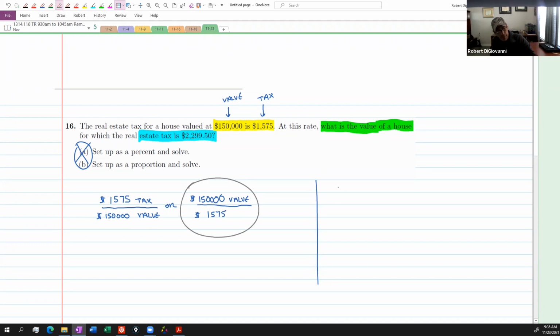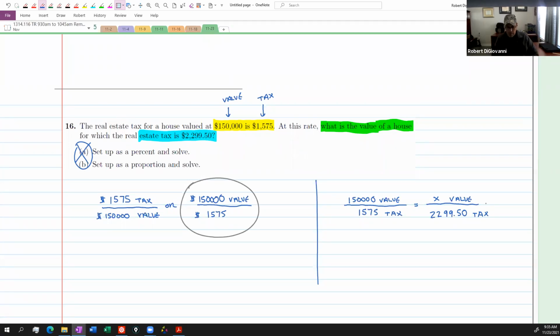And so we set up the proportion of 150,000 value over the tax of 1575 should be proportional to the value of the home we're looking for, X, over the tax for that home, which is 2299.50. That's your tax. And then you do your little cross multiply.